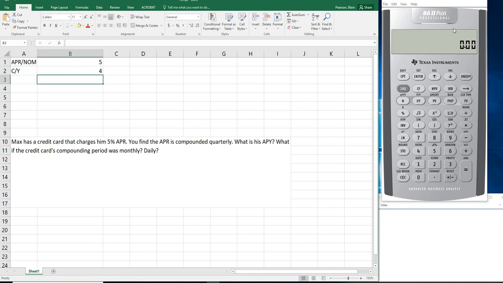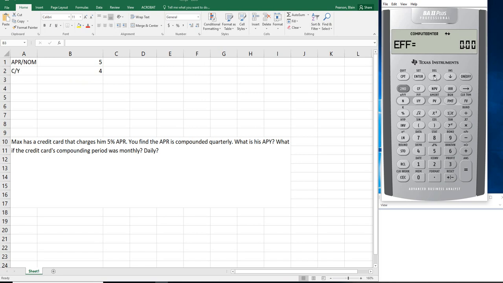We can use our Texas Instruments calculator to solve this problem. By hitting second and then the number 2, which will activate the I Convert function, we can pop in our nominal rate, or 5%, select enter, scroll down, and we're solving for the effective rate, so we'll scroll down one more time and enter the compounding frequency, which is 4, enter.